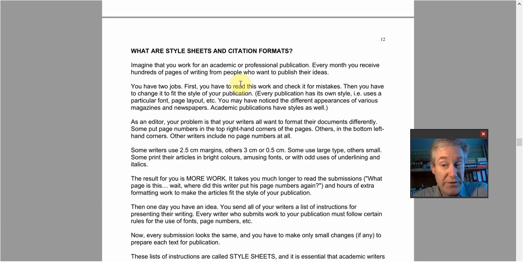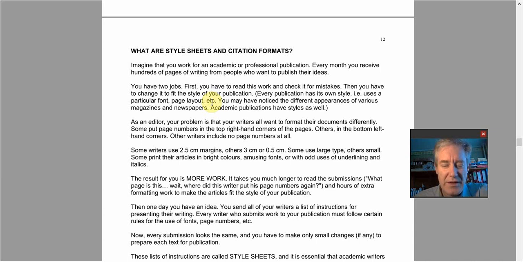So you're working for this magazine or journal, you receive all these hundreds of pages of writing. So it says you have two jobs. First, you have to read this work and check it for mistakes. Then you have to change it to fit the style of your publication. Every publication has its own style. That is, it uses a particular font, page layout, etc.